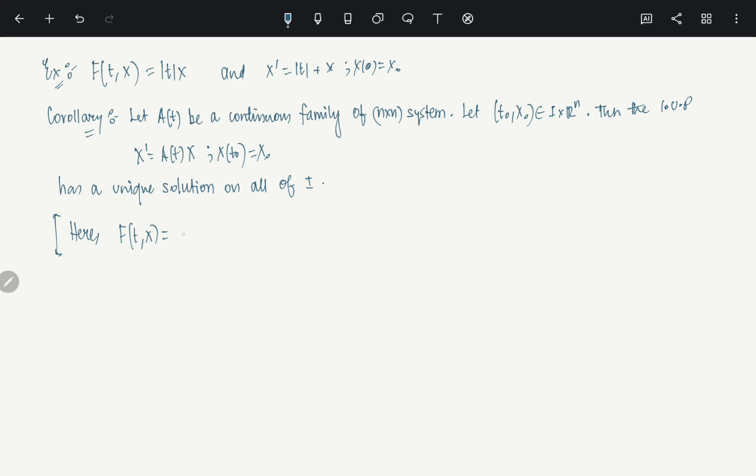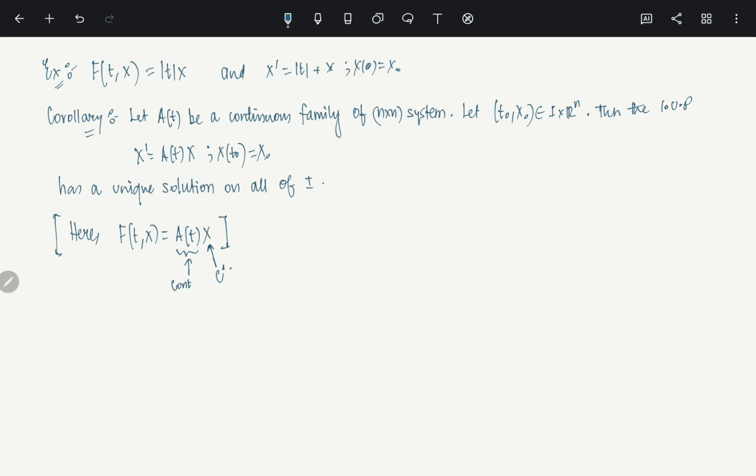f of t, x is nothing but A(t) times x. Clear? Now you see this function here, A(t), it's a continuous family of n cross n systems. So with respect to this variable, this is continuous, right? And with respect to this variable, this is at least C1.